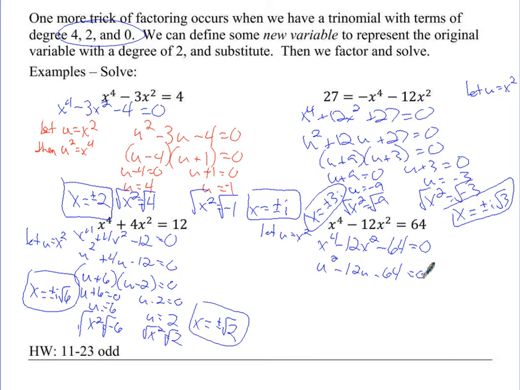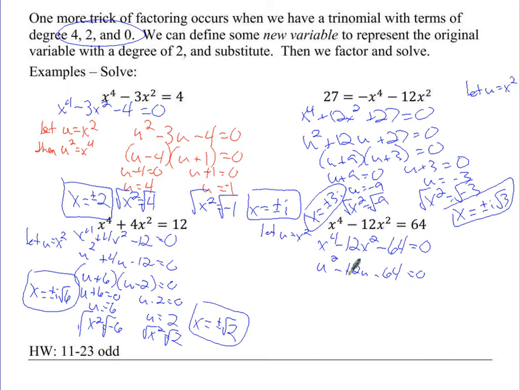Now what? Two numbers that multiply to give me that and add to give me that. Numbers that multiply to give me 64. 16 times 4 is 64.